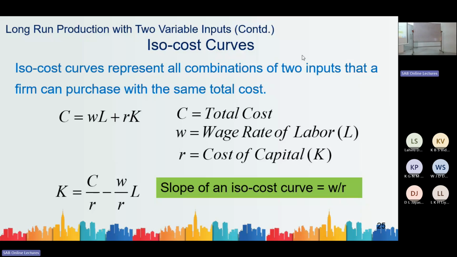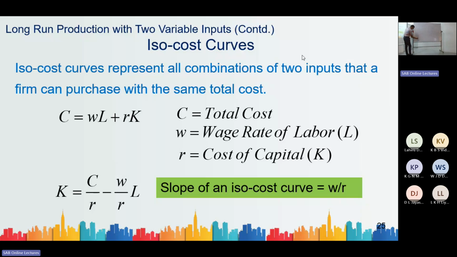It is the maximum number of capital units we can purchase using the total cost.